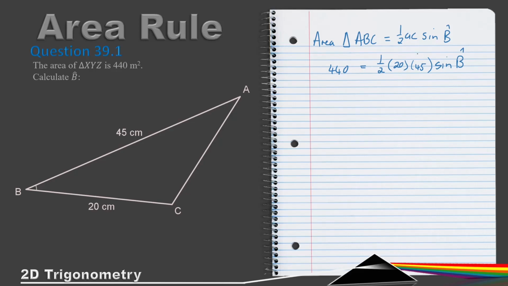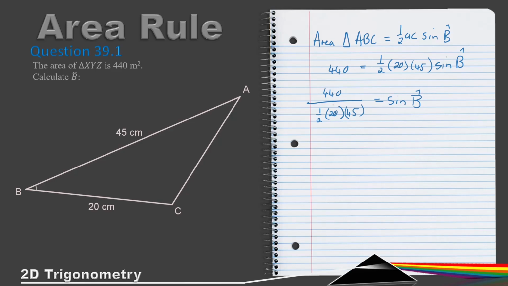Now, first of all, this is just the coefficients of sine B, so I'm just going to divide that whole business there. Equals sine B, and then we can take the inverse.